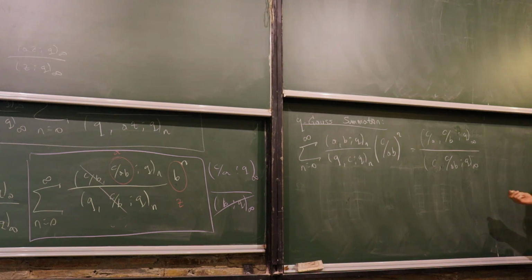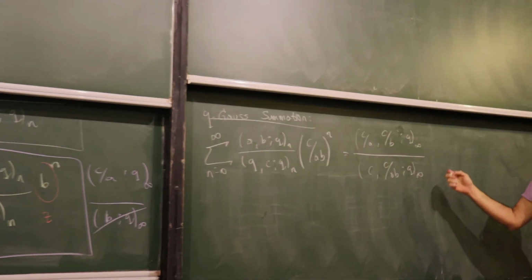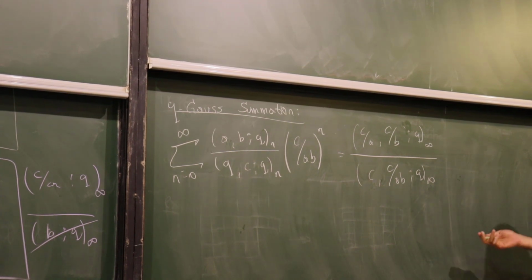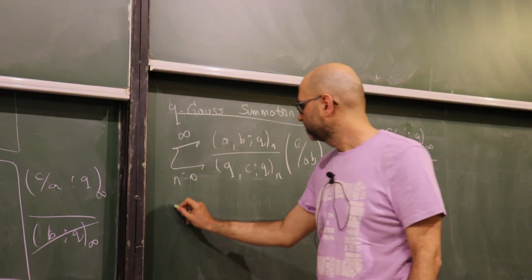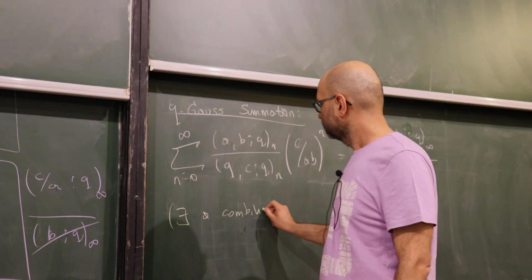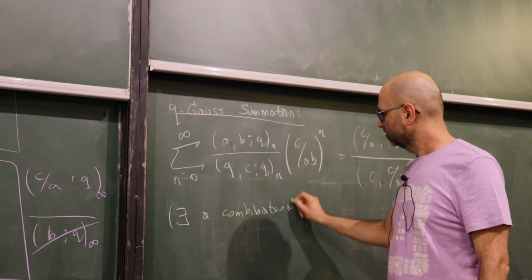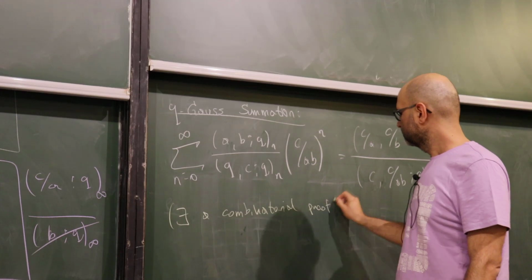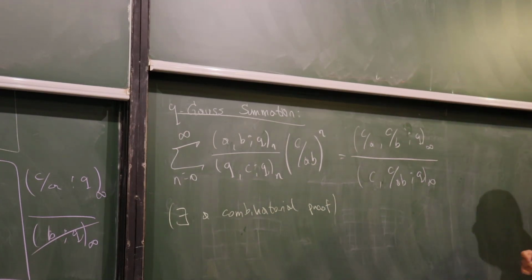And like Ali mentioned yesterday, this has a nice combinatorial proof, which I will not go into. In fact, if I'm not mistaken, there are at least two combinatorial proofs of these. Anyway, this is the Q Gauss summation.